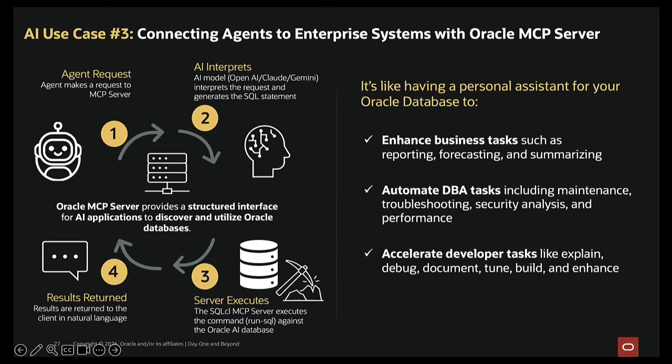Your business users can get self-serve reporting and forecasting. Your DBAs can automate maintenance and security analysis through conversation, and developers can now easily debug, tune, and document code faster than ever, all through your existing access path and security policies with full auditability of every AI interaction. And AI is not just for developers.